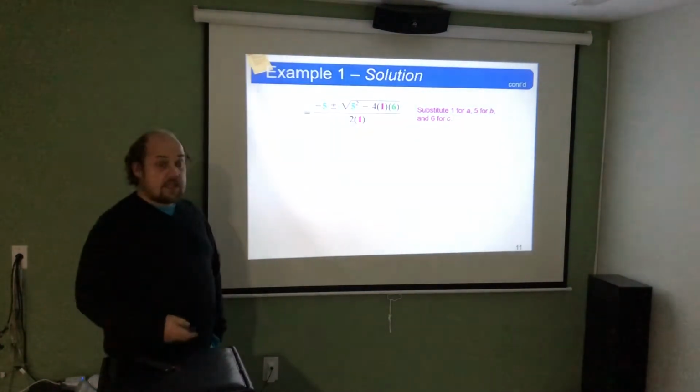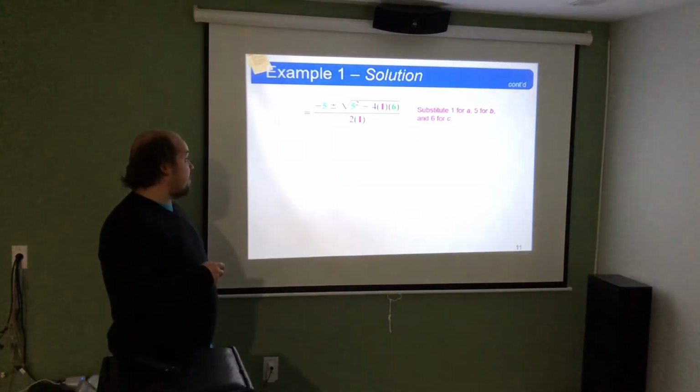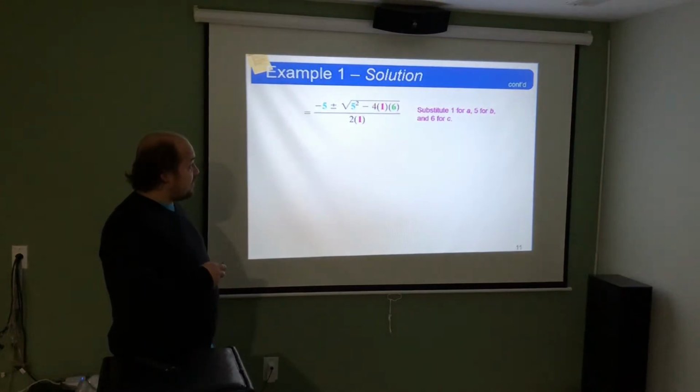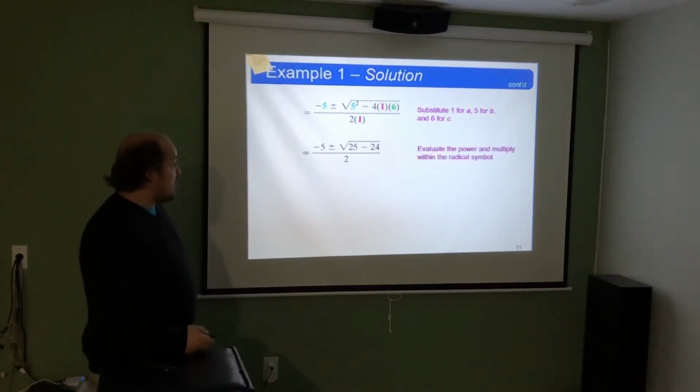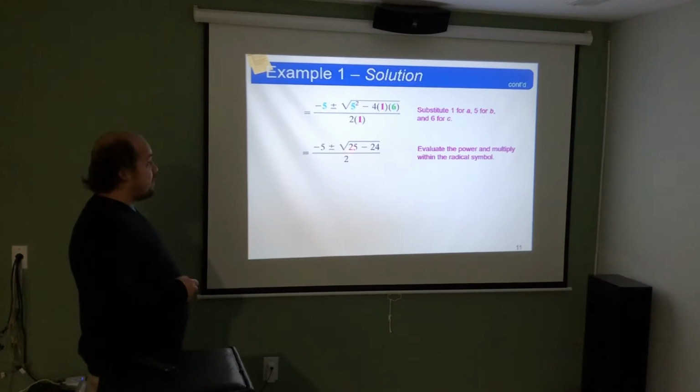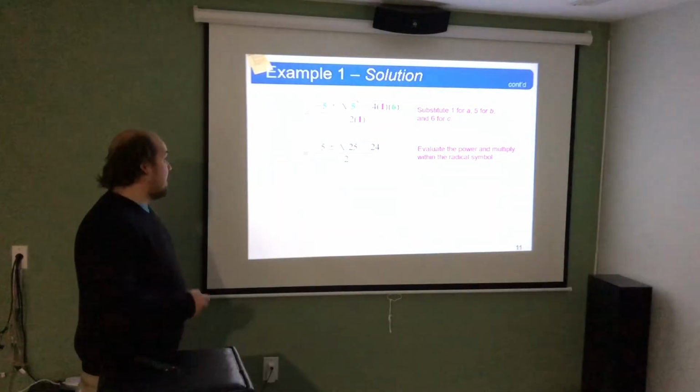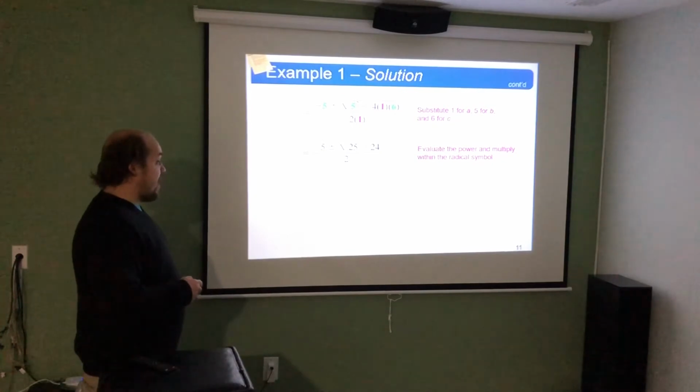So the first thing I want to do is square out this 5 and do 4 times 1 times 6. When I do that, the 5 squared gives me 25. 4 times 1 times 6 gives me 24. So under the root I have 25 minus 24. The only other thing we cleaned up was doing 2 times 1 on the bottom to just get a 2.